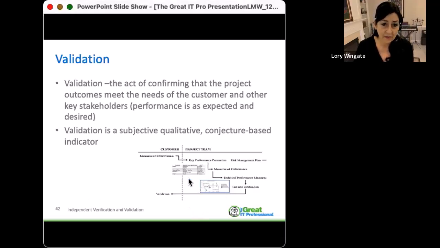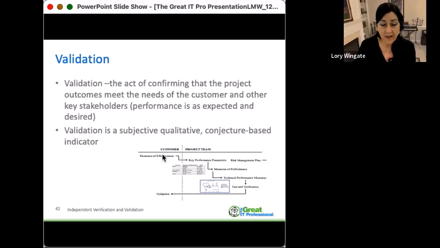And I like this little model. You've seen it all the way through. And I highly recommend you use this because many people don't understand how things connect, how the dots are connected: that the customer sets the measure of effectiveness, and this is what they're validating, the measures of effectiveness.